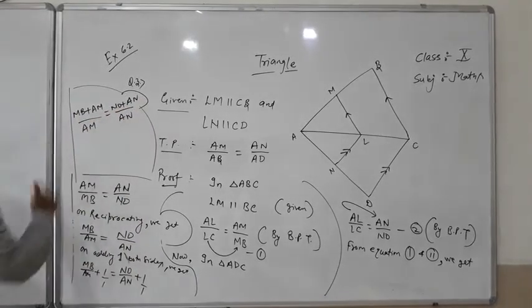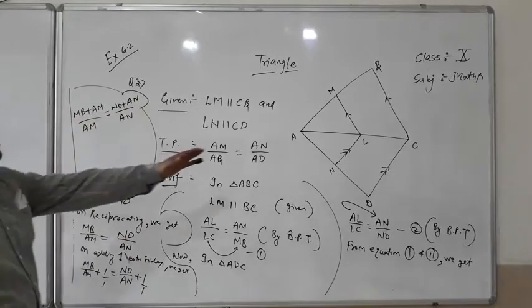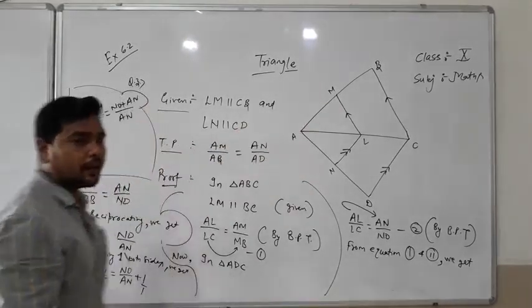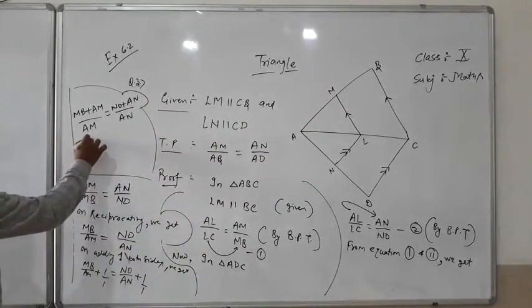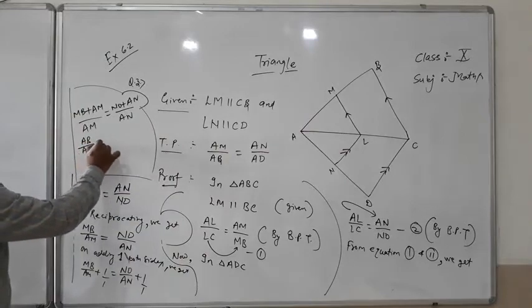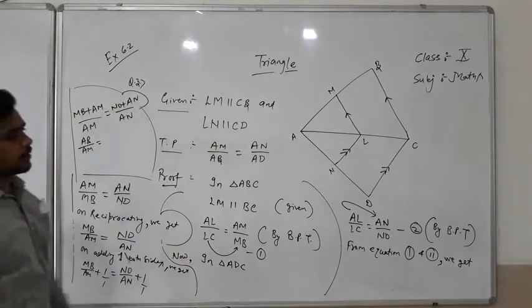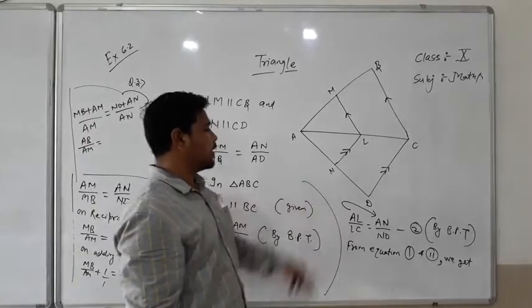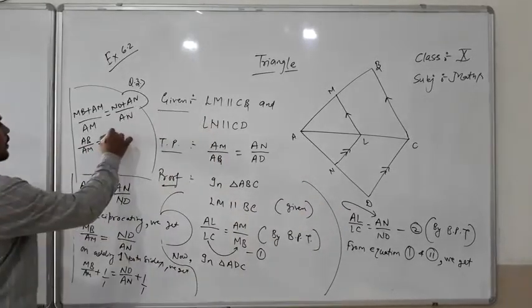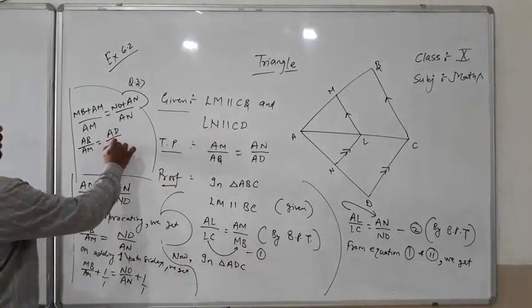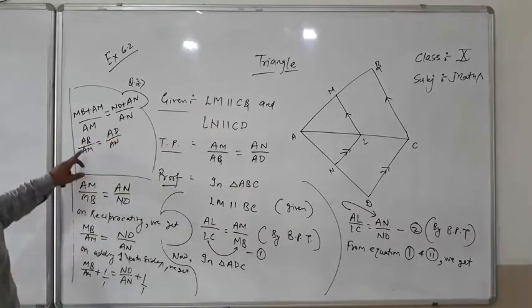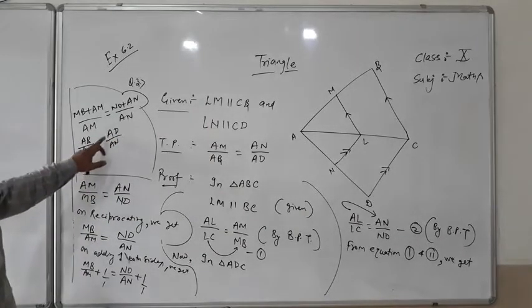So it is MB plus AM, you can see that is AB, that is AB upon AM is equal to ND plus AM. You can see that ND plus AM, that is AD upon AM. So students, you can see AB upon AM is equal to AD upon AM.